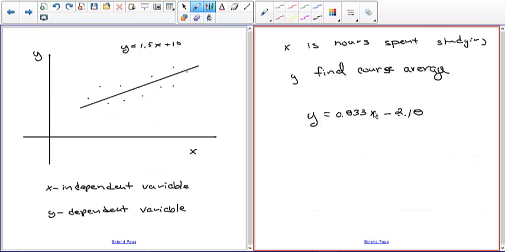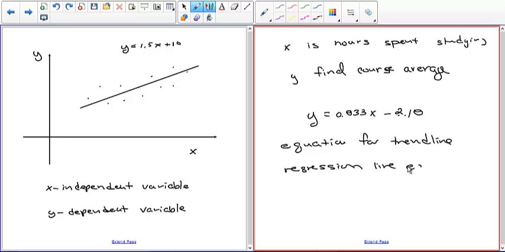We call it the trend line equation, or the regression line equation. It's the linear equation that best predicts the relationship between x and y.